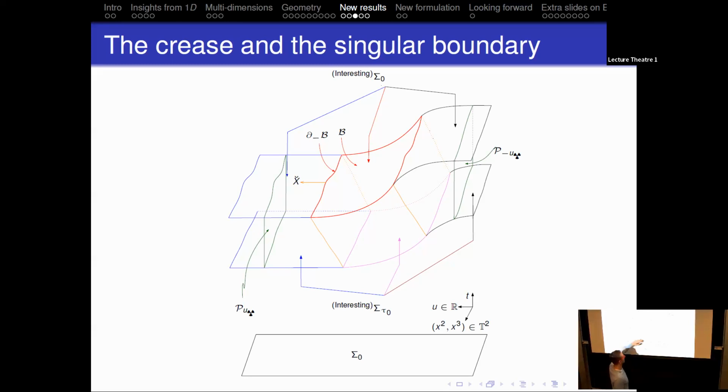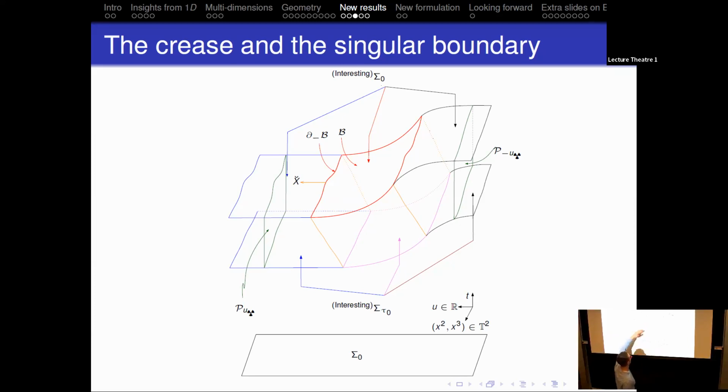The construction of these foliations required a lot of effort on our part. I can't really hope to get into them. But basically this lower, piecewise defined foliation is the lowest member of the family. And then we follow the solution all the way up to the highest member of the family, which includes exactly a portion of the singular boundary that I mentioned earlier, the portion corresponding to the U derivative of mu being non-negative.